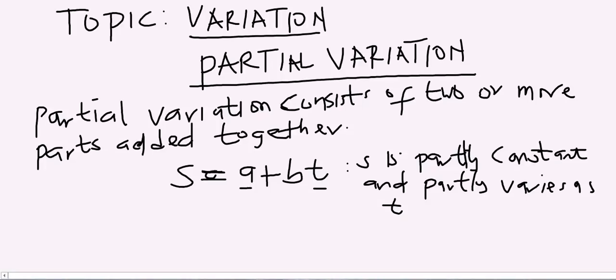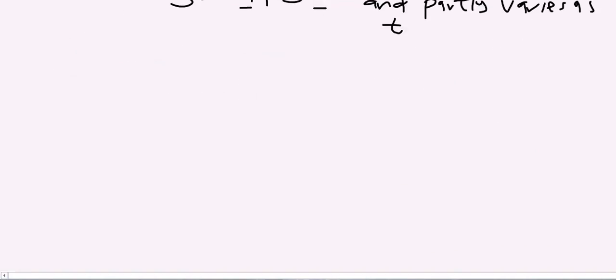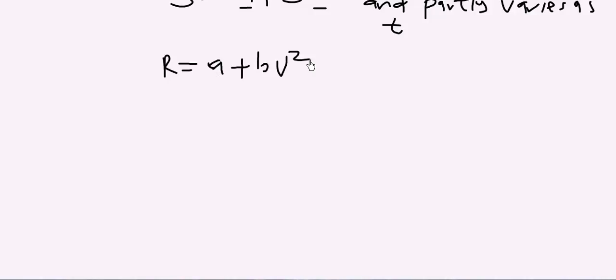We also have, say, R is equal to A plus BV square.